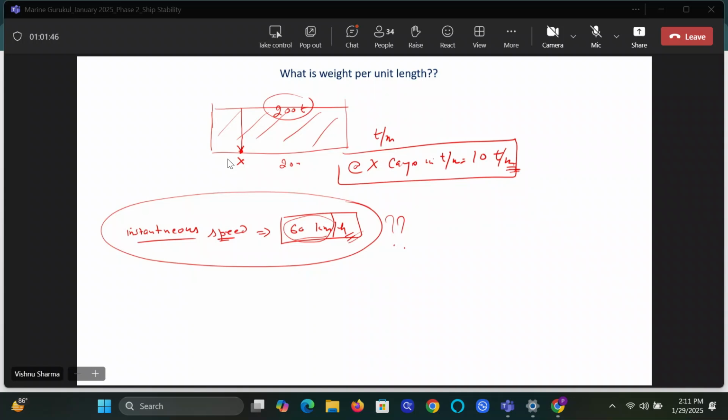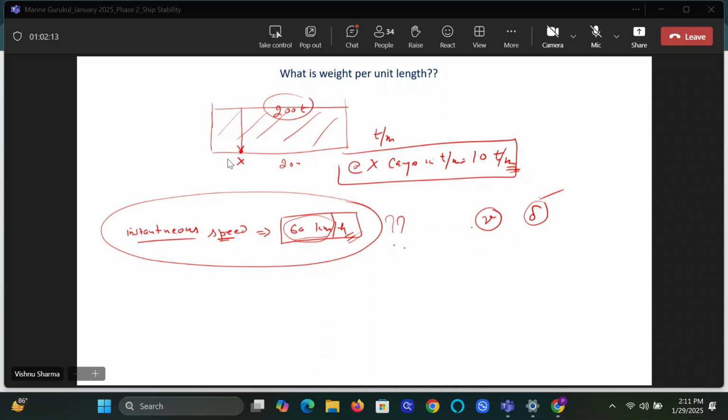Likewise, guys, what does the weight of a cargo depend upon? The weight of the cargo will depend upon the volume of the cargo and its density, or RD, whatever you want to say. RD varies from cargo to cargo, no problem, but in one hold, if it's the same cargo, the RD would be the same everywhere.